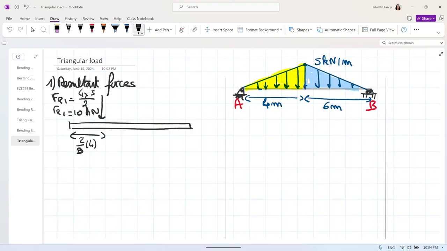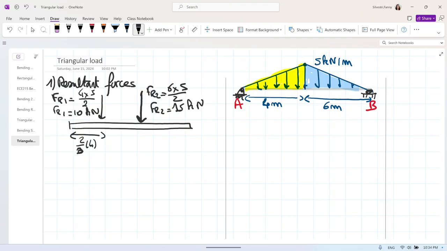So FR2 will be a bit more because it's longer. The 6 meters times the base, 5 kilonewton per meter, divided by 2. So FR2 equals 3 times 5, 15 kilonewton.